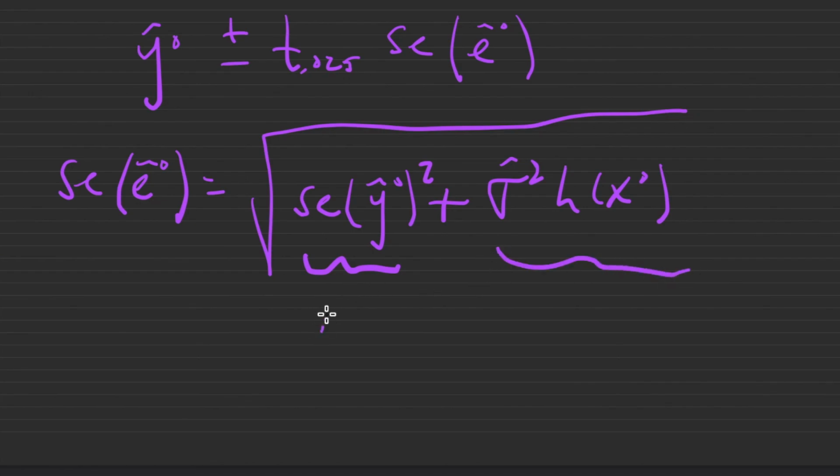We know that this first term gets smaller and smaller with sample size, but the second term is relatively constant. So the unobserved stuff could be really the most important part of the prediction interval.